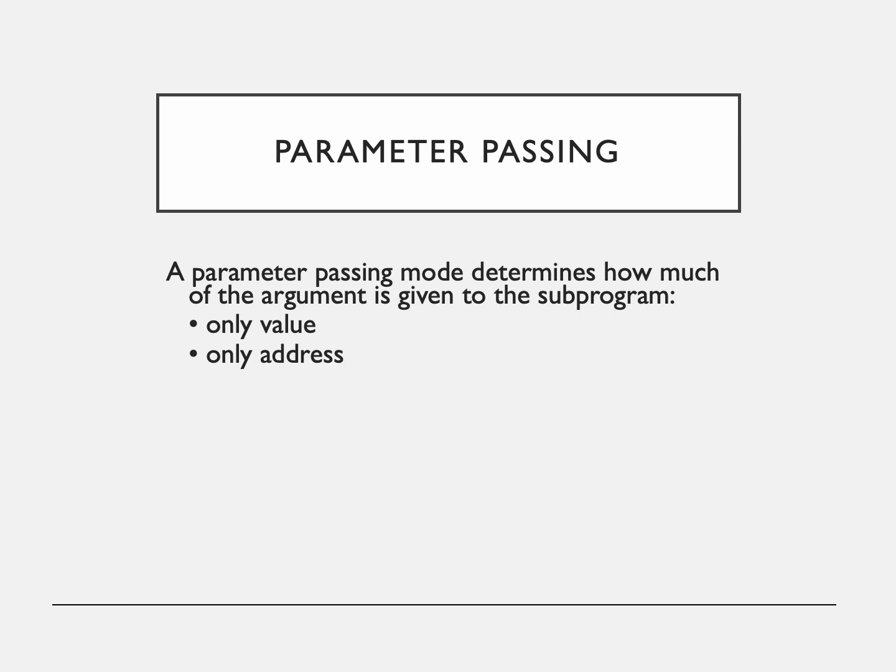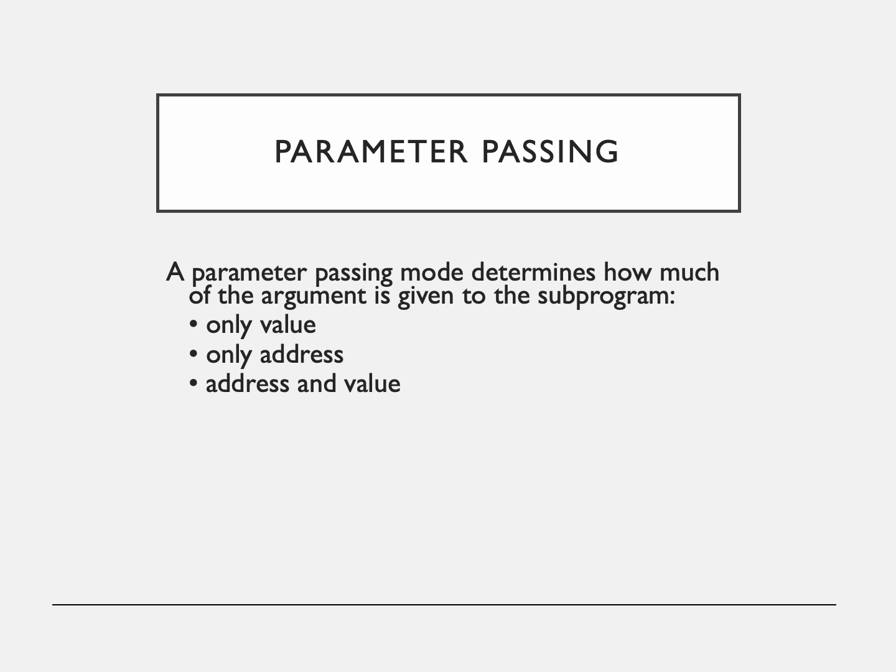Okay, now address. Pass by address, or pass by reference, involves passing the address of the argument rather than its actual value. This allows the subprogram to modify the original variable directly, which can be more efficient but riskier as changes affect the original value.